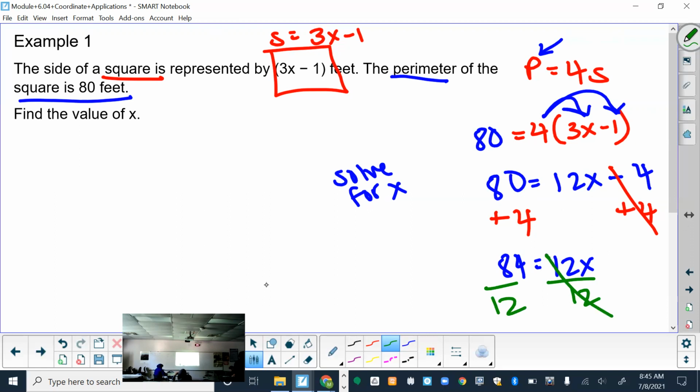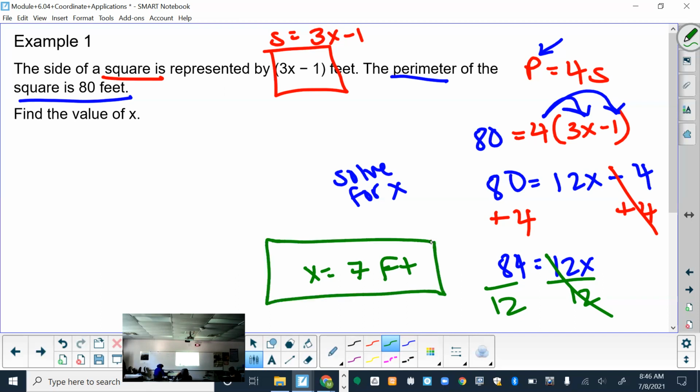And what is 84 divided by 12? 7. All right, good. And we should have units for this. What units? Good. So the value of x is 7 feet.